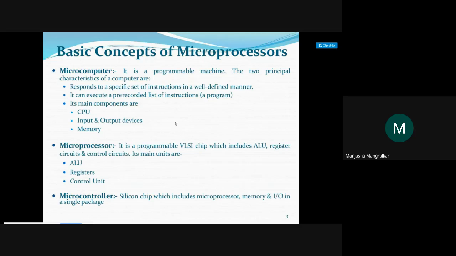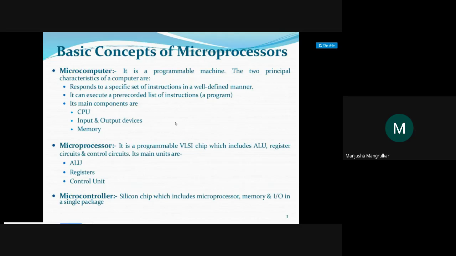It can execute a pre-recorded list of instructions, which is called the program. Its main components are CPU, input output devices, and memory. This is your microcomputer. This small phone is also a microcomputer, working nowadays.